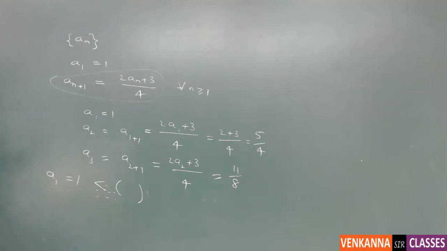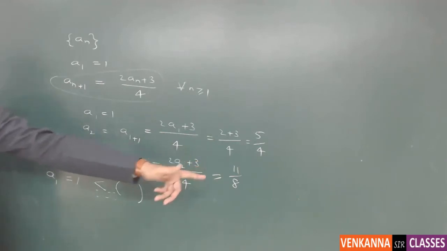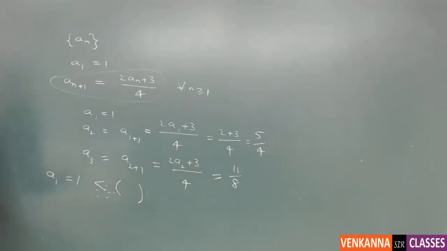So if you observe, this is 5 by 4, around 1 point something, 11 by 8, around 1 point something. So everything is coming as 1 point something, right? So can we take that 2 is an upper bound of the sequence? It is a guess, isn't it? You can take 3 also. You can say that 3 is an upper bound. So how am I fixing the upper bound here? Roughly observing the first 3 or 4 terms of the sequence, I am guessing that this could be the upper bound and using that technique in the process of induction.